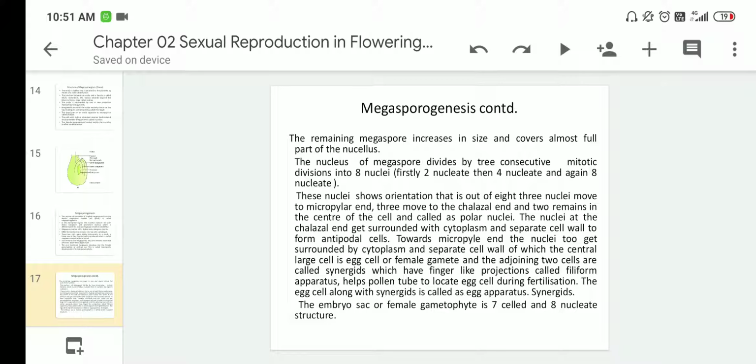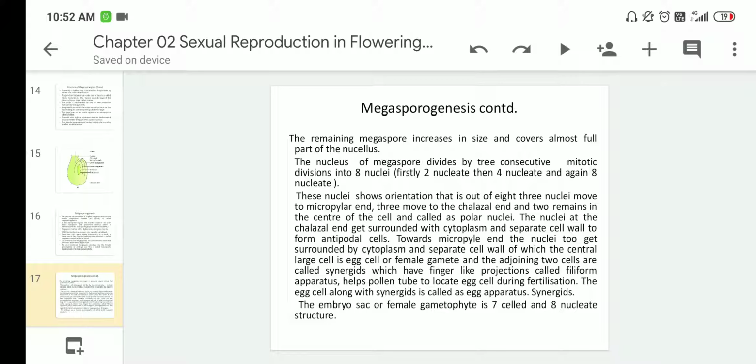The embryo sac or female gametophyte is now a 7-celled and 8-nucleate structure. Means overall there are 8 nuclei and 7 cells. Let us calculate how there are only 7 cells. 3 antipodal cells, 1 egg cell, 2 synergids, so total 6.